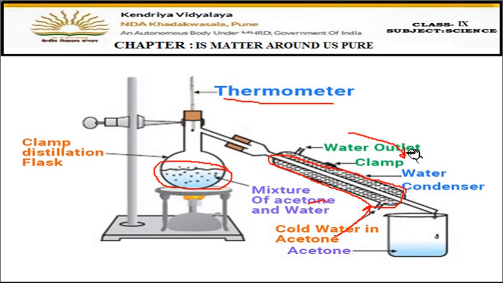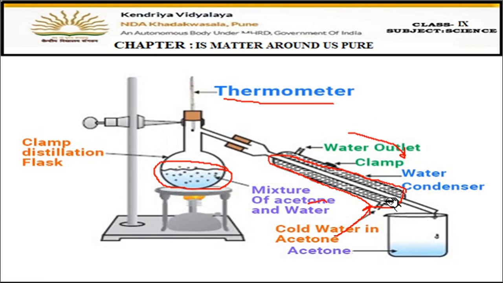Why are we doing it so? Because the vapors coming from here are hot, so to cool them we need a water condenser, and running water is needed, otherwise the water will also become hot and the technique will not work. So the water should be flowing, regulating this side, and that's why we have an inlet pipe here and an outlet pipe on that side.